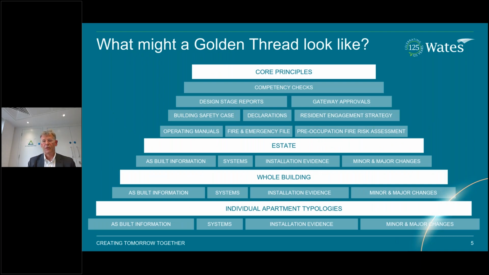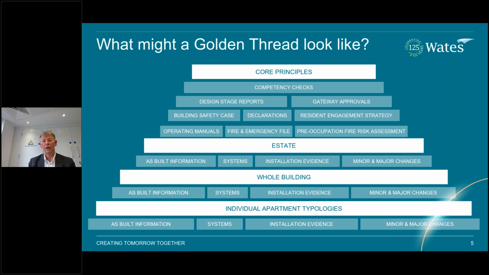So from a practical point of view, what might a golden thread look like? This is our interpretation of what we think we are heading towards with our projects. At the top there, you see in hierarchical form what we have called the core principles. There are a whole bunch of things that we will just have to do.